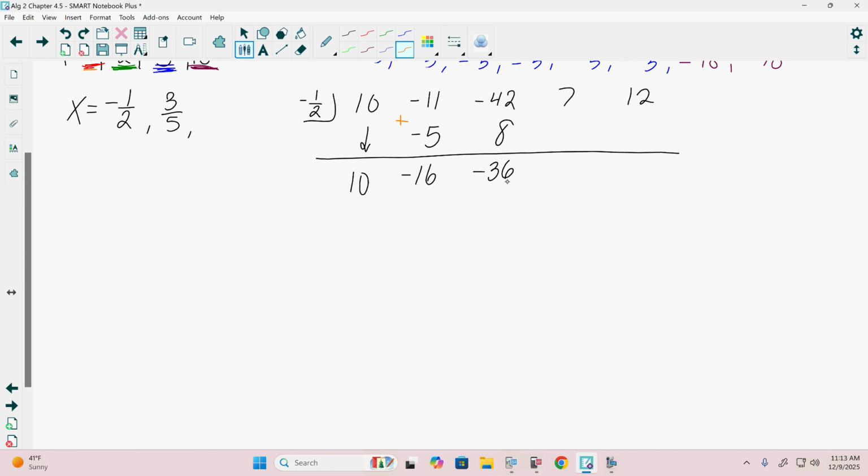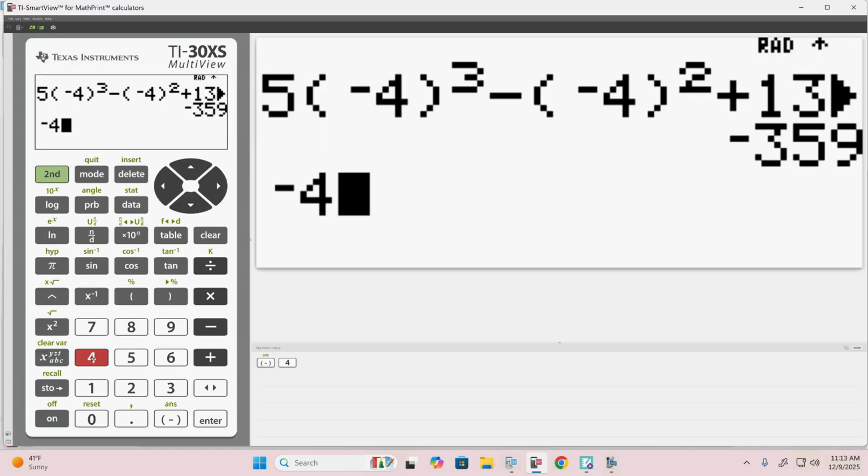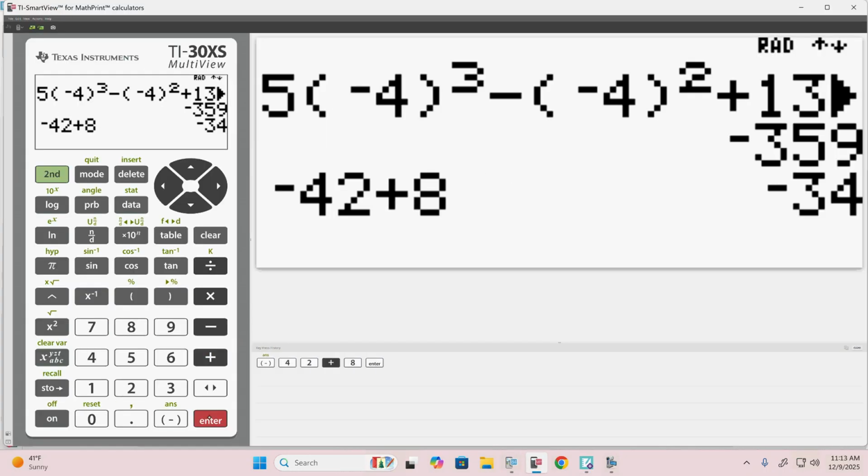Negative 36 times negative 1/2, negative and negative make it positive. And half of 36 is 18. Nope. Because that should not be 36. That should be 34.